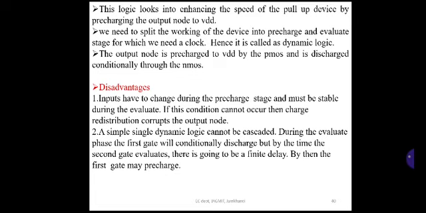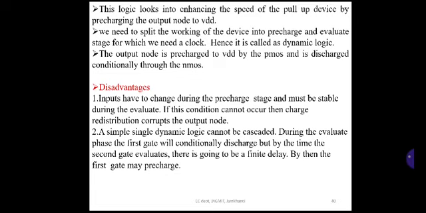So remember, during the precharge state you can change the inputs, but during the evaluation phase the inputs must be stable. We are not supposed to change the inputs at all. If this condition cannot occur, then charge redistribution corrupts the output node.